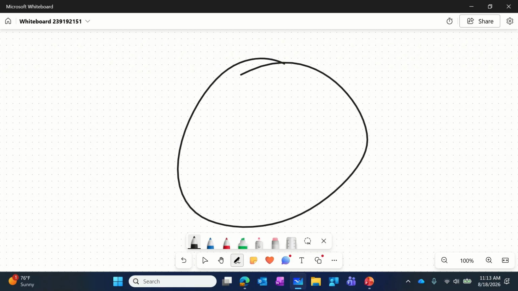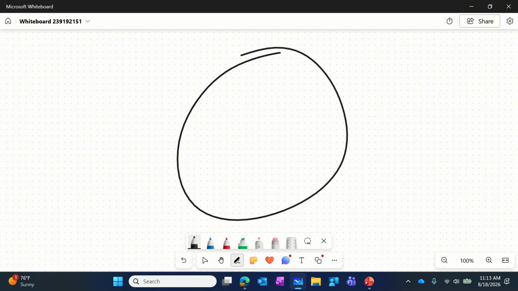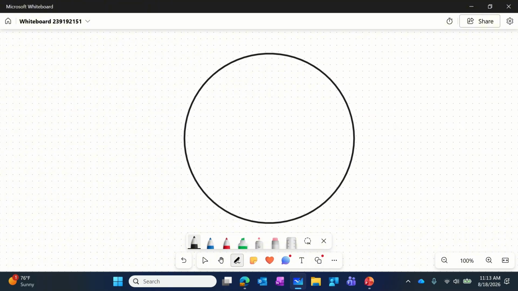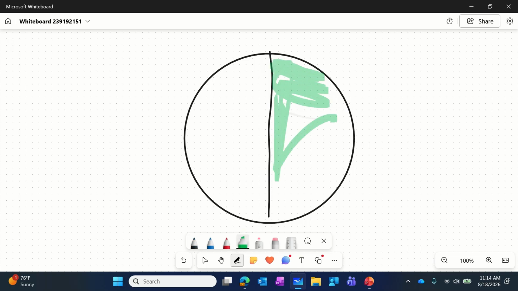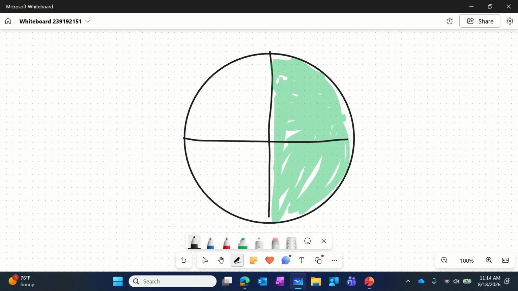I'm going to pull something out of here. This is a pizza. So here's a pizza. The shaded part is the part that I'm taking. How much of the pizza do I have, ladies and gentlemen? Now we split the pizza. How much of the pizza do I still have?